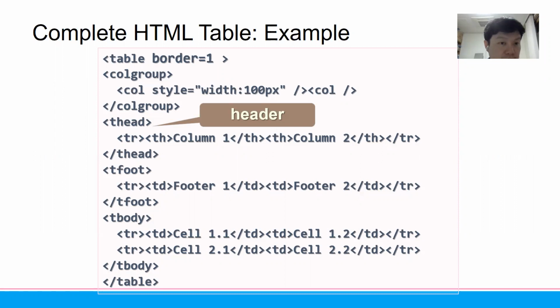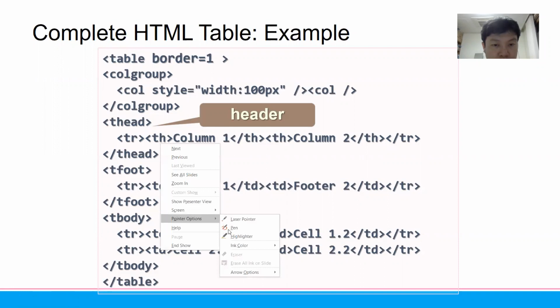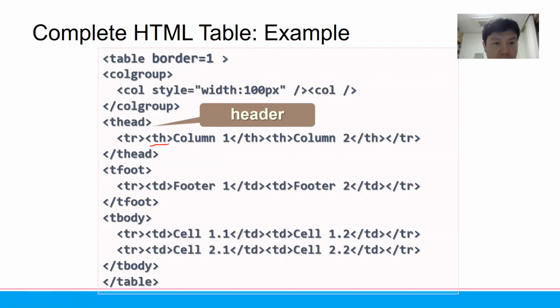Okay, what is thead? So thead is the header, and the header is, yeah, we don't have the td. Okay, but we have the th. Th means the header that you are going to describe. Okay. And column header first is using column one, and the second column use the column two. Okay, column two, column one.